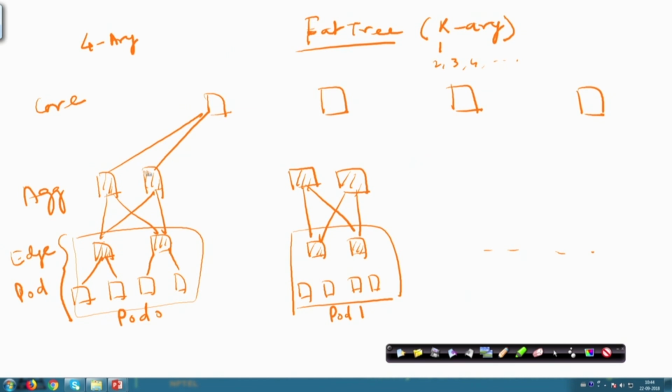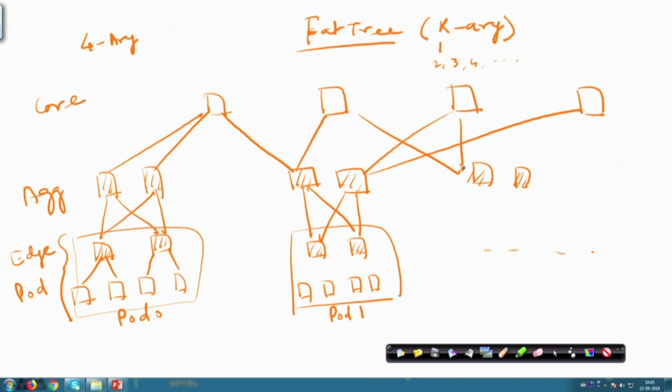Each of these pods and the corresponding switches to which it connects, let us take up this one. This one will be connected to this core switch, this will be connected to this core switch. Again, this one is going to be connected to this one, and so on and so forth.